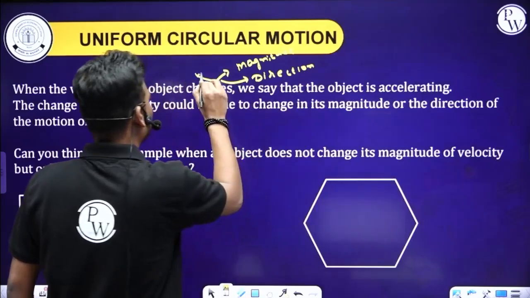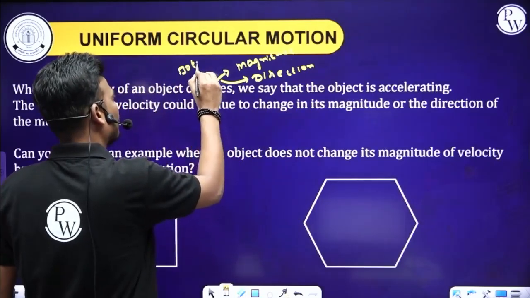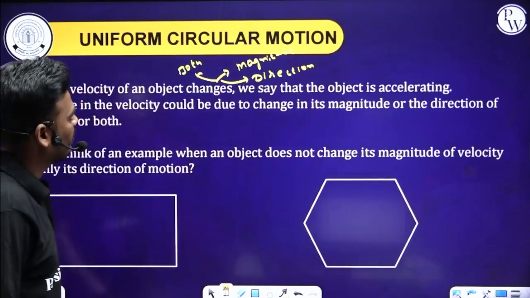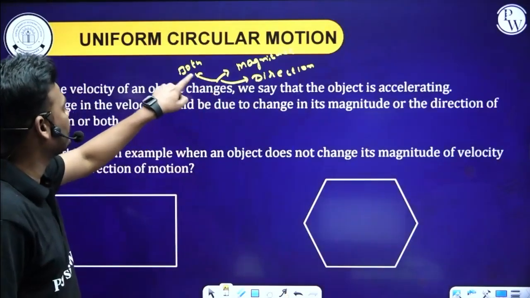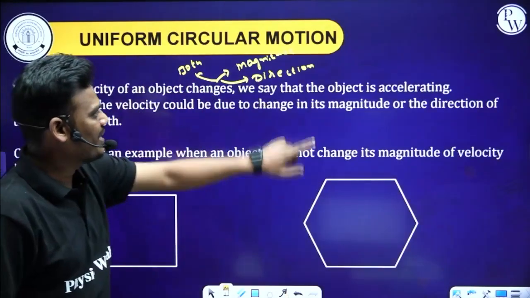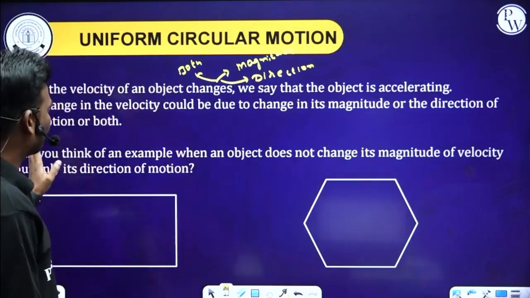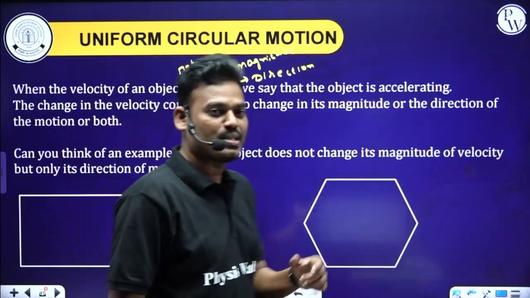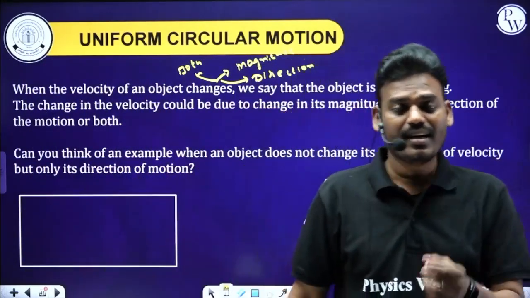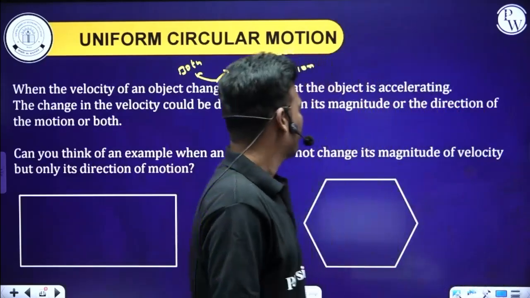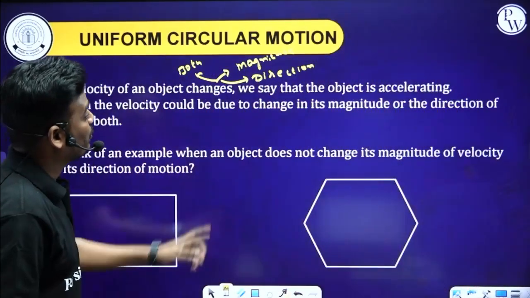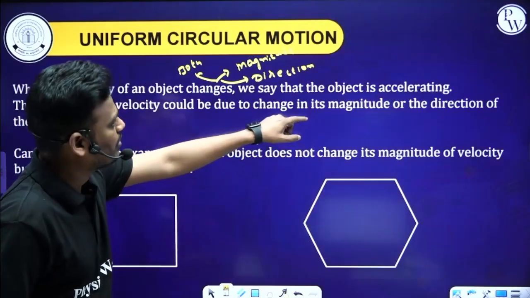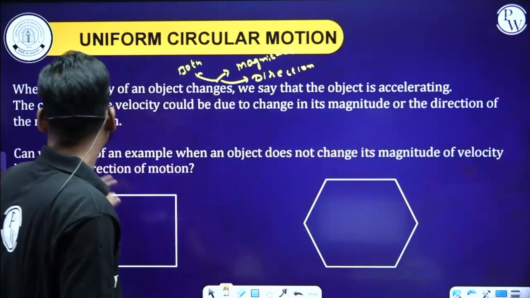We can consider change in velocity due to change in magnitude, or due to change in direction, or change in both. We say that the object is accelerating. So whenever there is a change in velocity, we can consider it as acceleration of the body. The change in velocity could be due to change in its magnitude or the direction of the motion, or both.